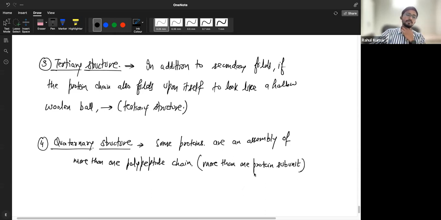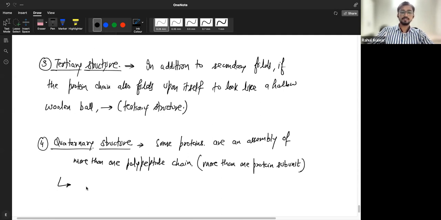Okay. Then the protein structure is known to be a quaternary structure.